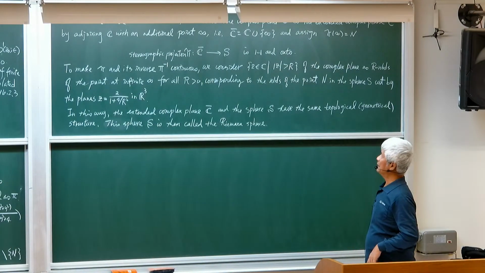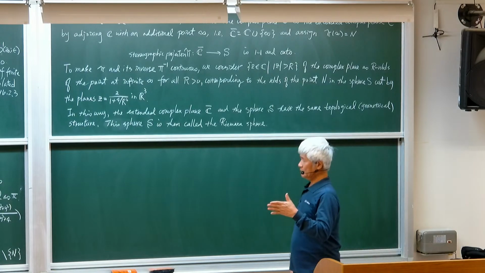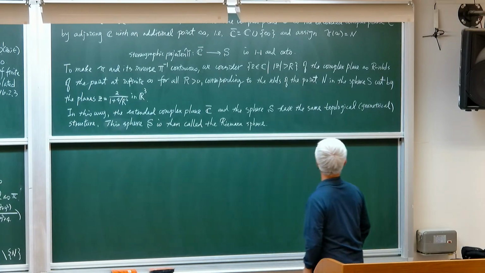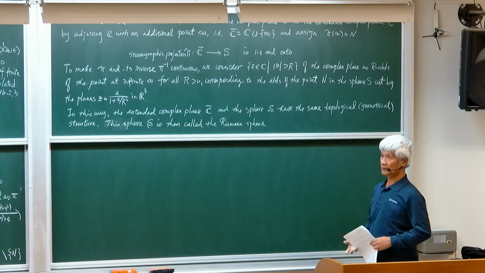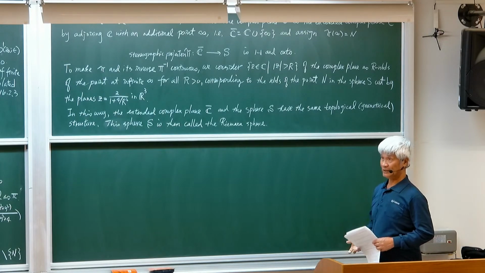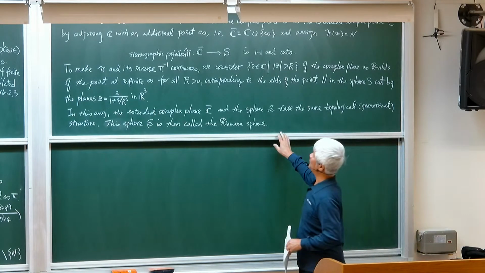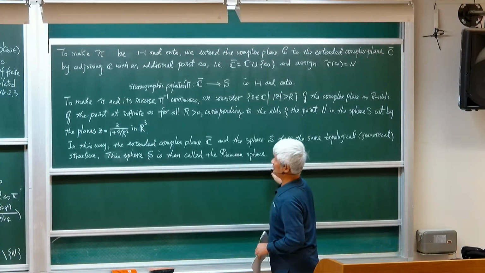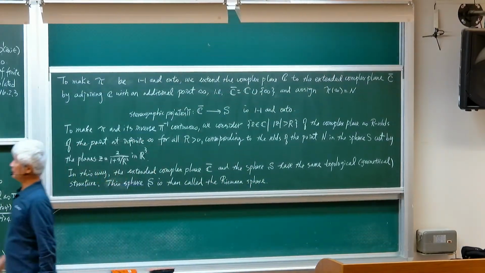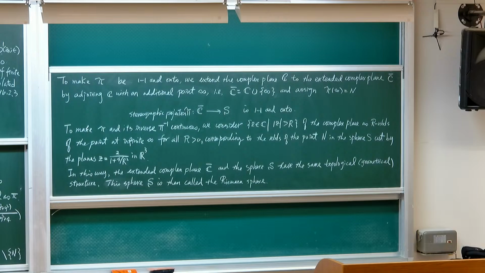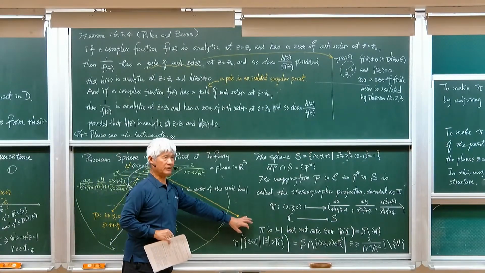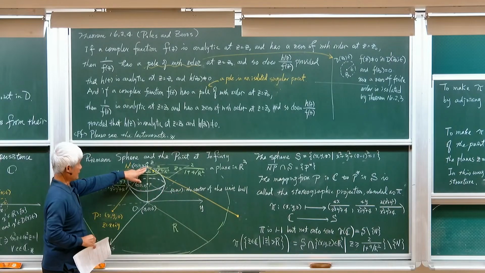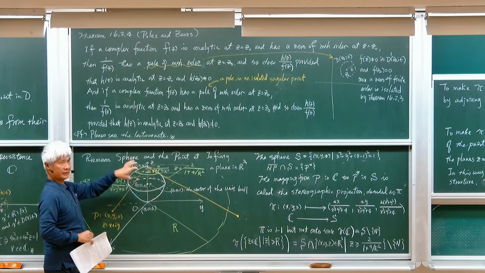About the geometric structure, we need to know the neighborhood of the point at infinity. From the stereographic projection, the point at infinity can be identified with the north pole of the sphere.